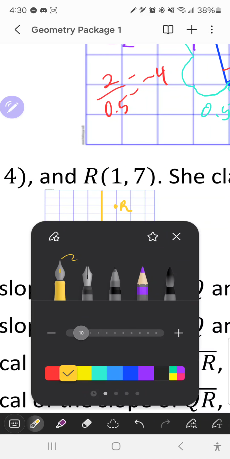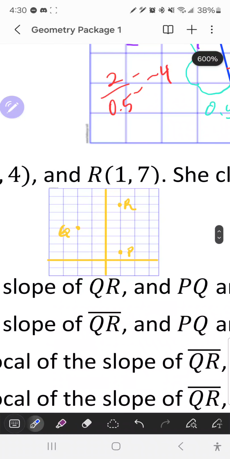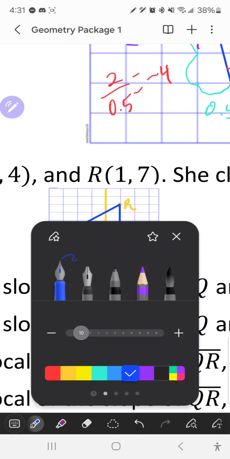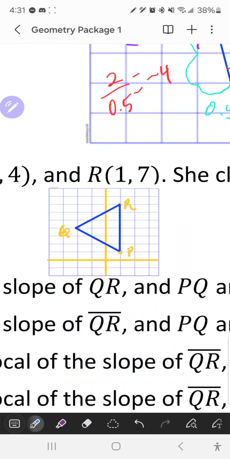Now she claims that it is an isosceles triangle. First, let's see if it is an isosceles triangle, and for that I will say that this is 1, 2, 3, 1, 2, 3, so 3 and 3, and this is 1, 2, 3, and 1, 2, 3, 3 and 3.